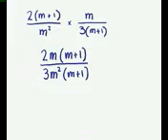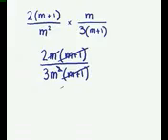Can we simplify? Well, this time we can. We have m plus 1 on the top, and this can be cancelled with m plus 1 on the bottom. We have m on the top here, and then we have m squared, which is like m times m, on the bottom. So this m can be cancelled with one of the m's from the bottom.